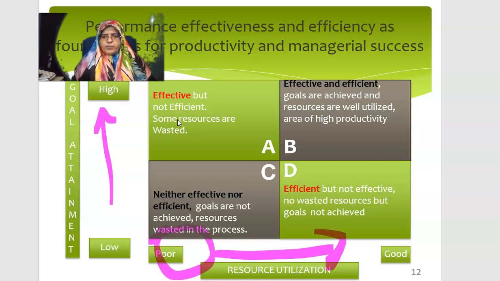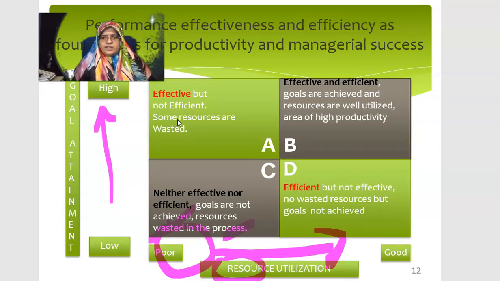You can see here it is poor because it is neither effective nor efficient. Goals are not achieved and resources are wasted. Resources are wasted and goals are not even achieved. So it falls in category C.